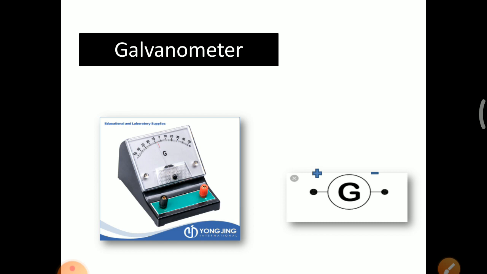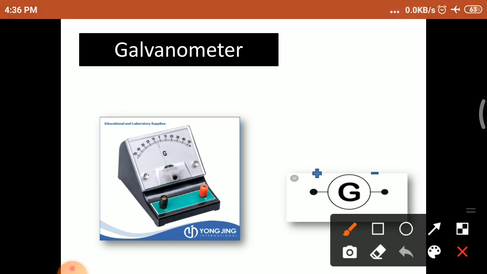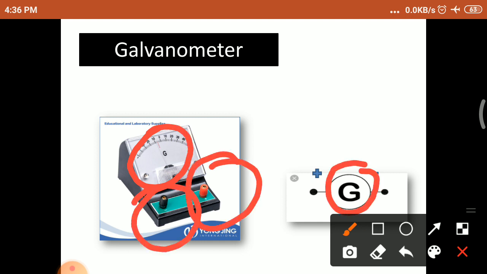Galvanometer is used to detect the presence of current, whether the circuit has current or not. So it is used to detect the current in the circuit. The galvanometer is represented by the letter G. It also has two terminals, negative and positive.